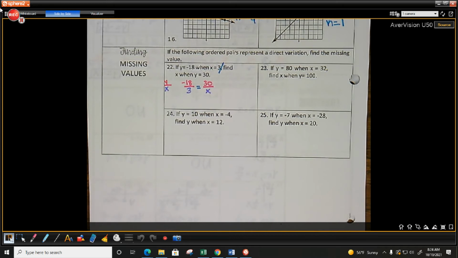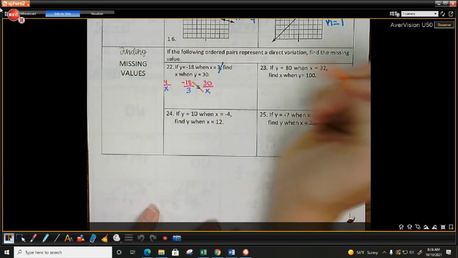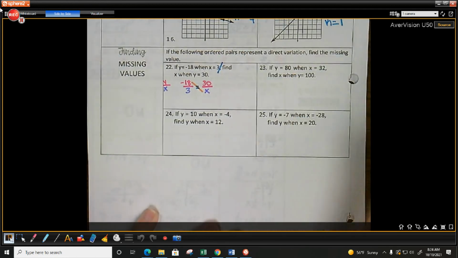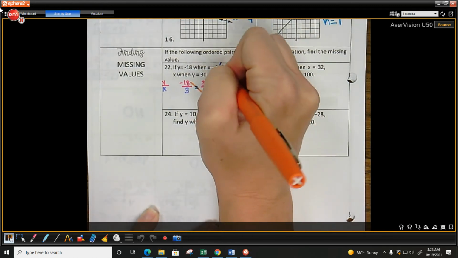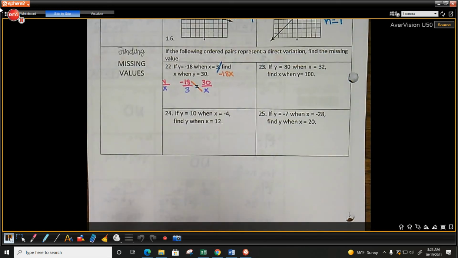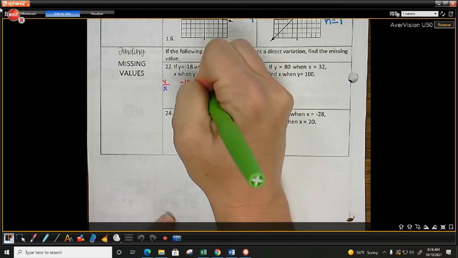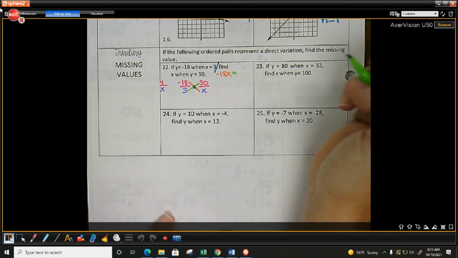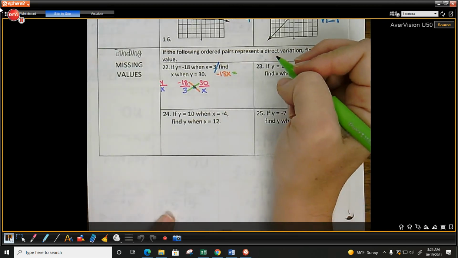How do you solve a proportion? How do you solve a fraction equaling a fraction? What did we say? I heard somebody say it. Cross multiply. Okay, so negative 18 times x is negative 18x is equal to 3 times 30, which is 90.